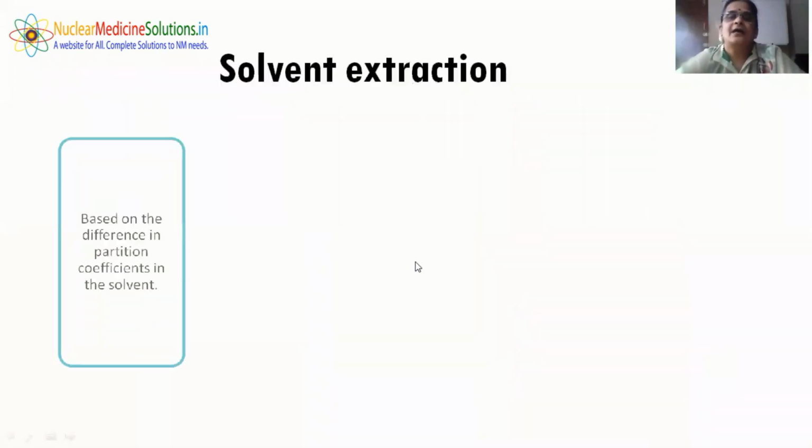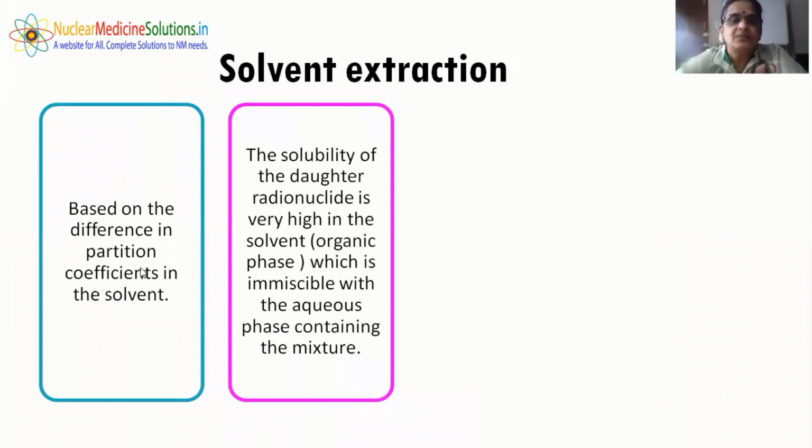Now the statements we have just seen can be put up in the form of principles. Firstly, it is based on the difference in the partition coefficients in the solvent. That is, the daughter radionuclide will go more into a particular phase than the other, and that will make it concentrated, which is the principle of separation.